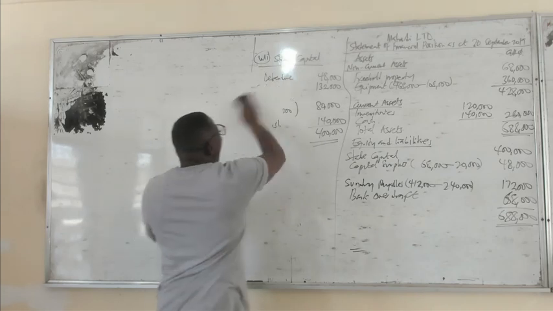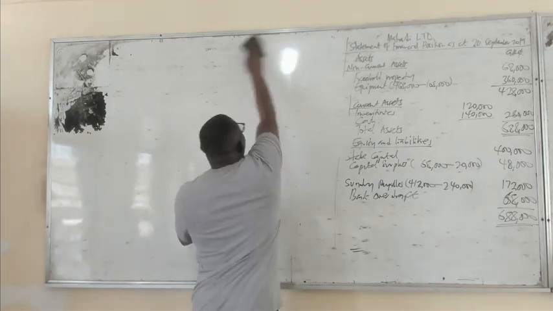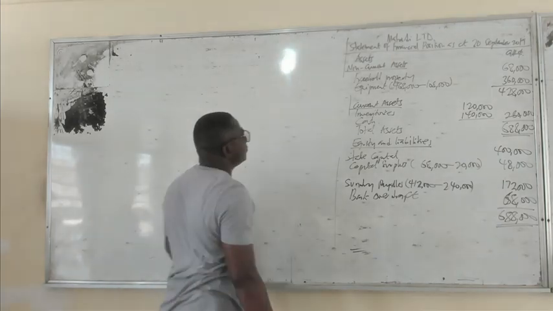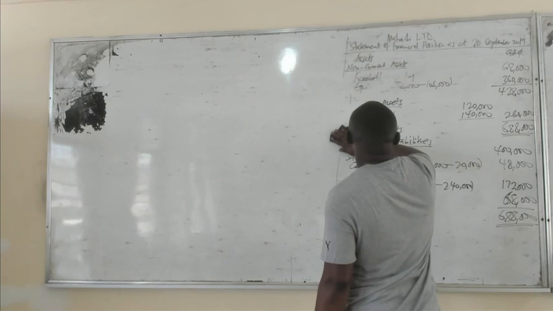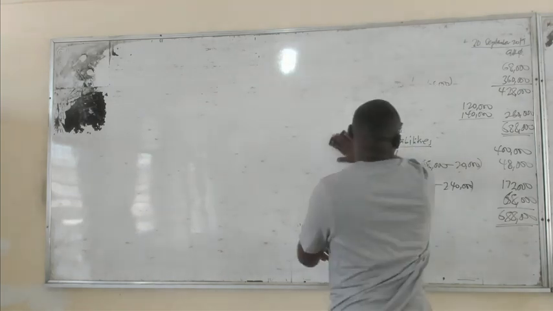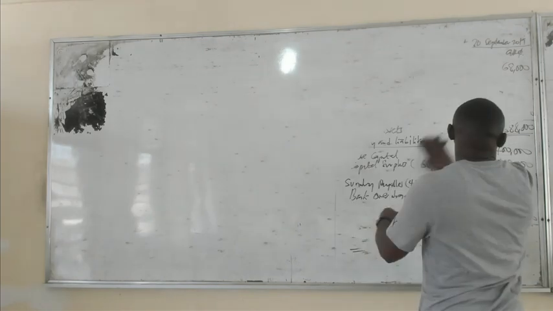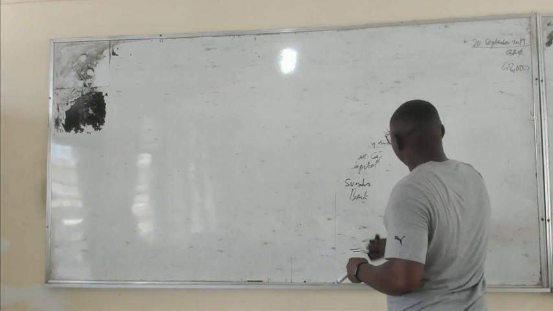Financial statements of Power Limited are as follows. Statement of comprehensive income for the year 31st December 2016. Income surplus accounts. Statement of financial position as at 31st December 2016. Additional information.